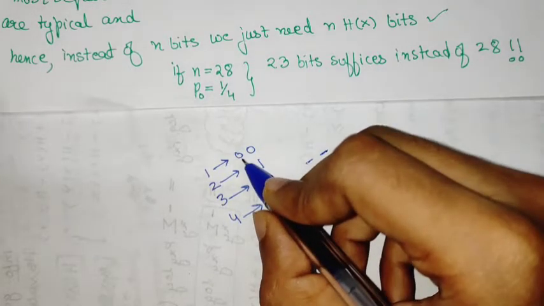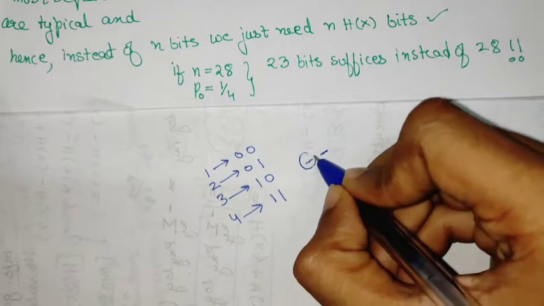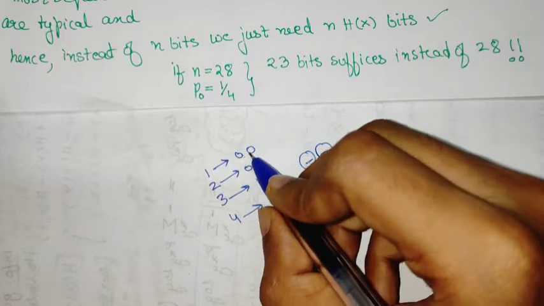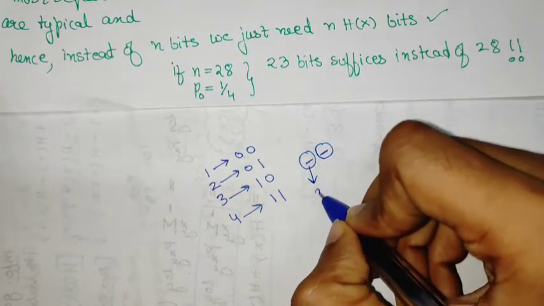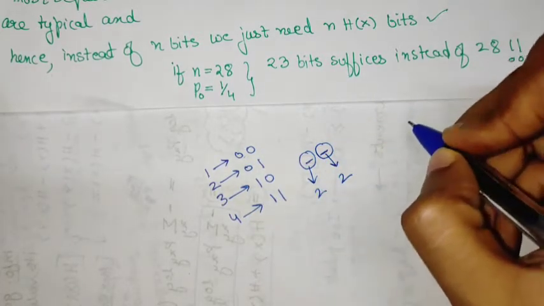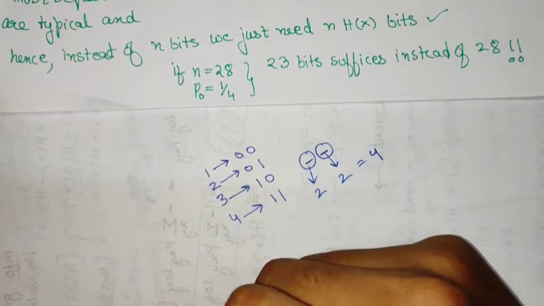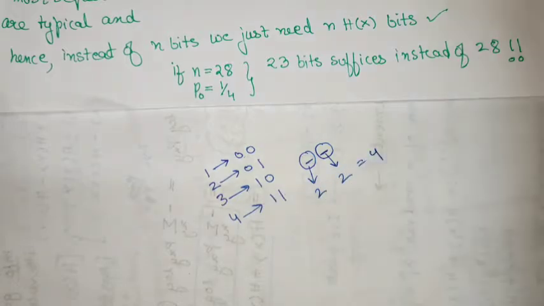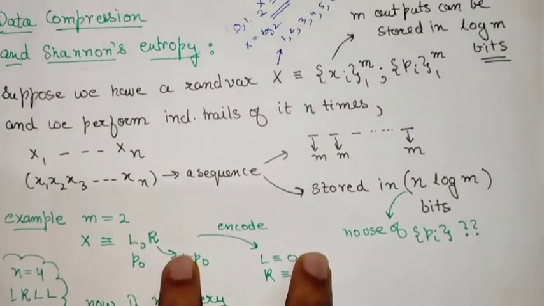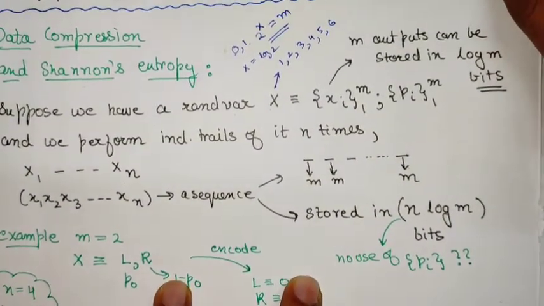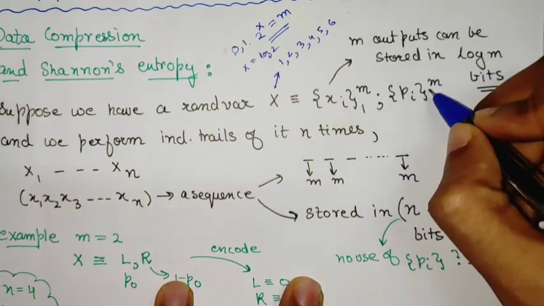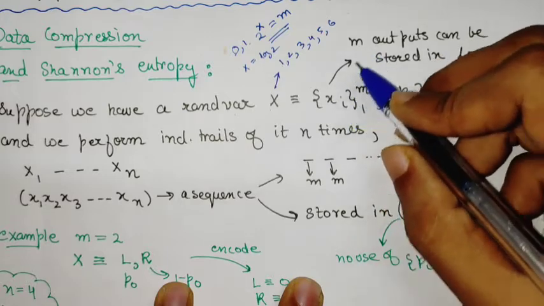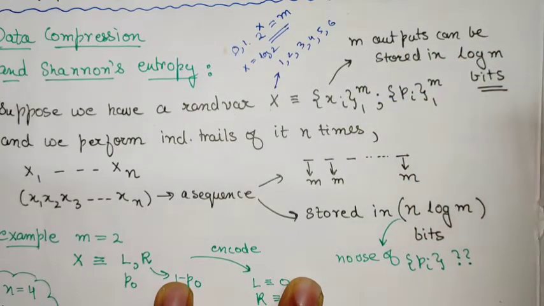The first bit can be 0 or 1, and the second bit can be 0 or 1, so there are two possibilities each, and in total there are 4 distinct sequences these bits can take. So, back to the main discussion: the m outputs can be stored distinctly in log m bits.